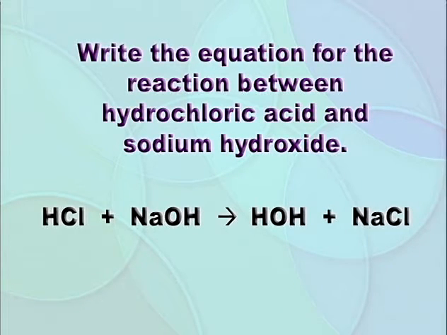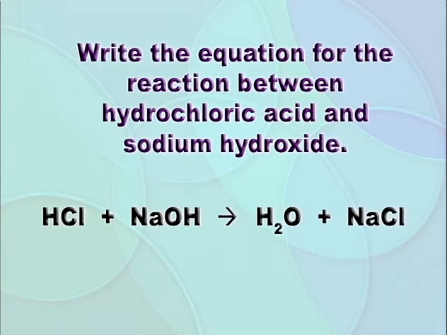So hydrogen joins with hydroxide and sodium joins with chlorine. Of course, a compound which contains 2 atoms of hydrogen and 1 atom of oxygen is simply water. So our reaction is HCl plus NaOH yields water plus NaCl.